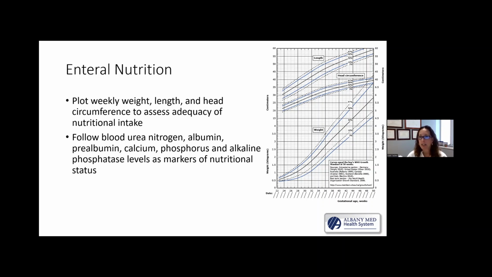And again, you're looking at the overall growth over time. And so if you start to see some drop-offs, it's important to work with your dietitian and the unit to figure out where you can optimize your protein and calories to make sure that the babies don't fall too far off their curve.